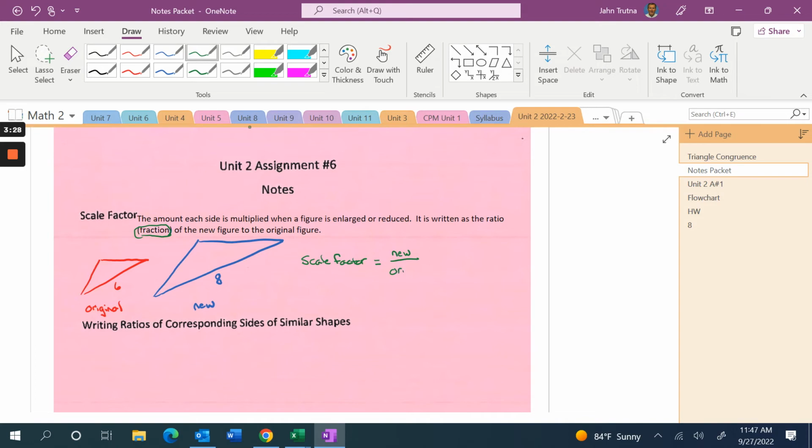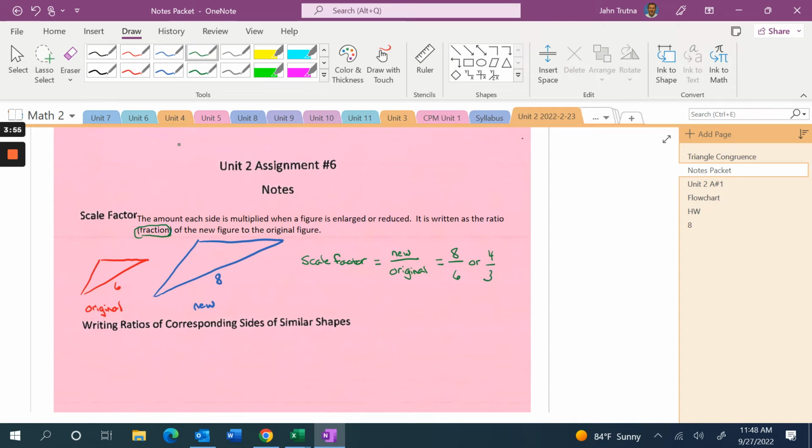So when you write the fraction, the numerator is whatever the length of the new figure is, which is 8, and the denominator is the side of the original figure that corresponds with the new figure, which would be 6. So my scale factor would be 8 over 6, or if I reduced it, 4 over 3.